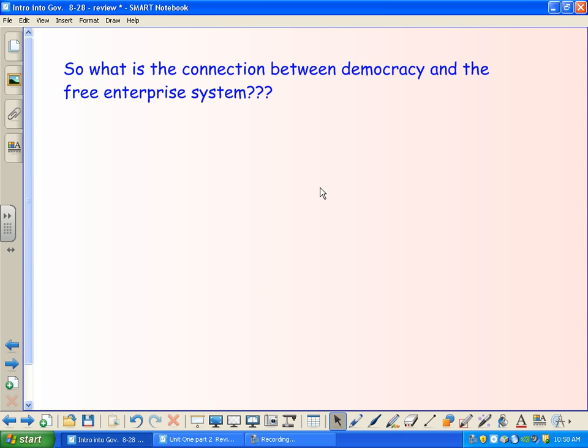Now, the next thing I want you to pay attention to, or at least consider, is what is the connection between democracy and the free enterprise system. You ought to be looking back at this. The fundamental word to remember here is free enterprise system. So the word free should indicate that in a democracy you have freedoms to purchase what you want.